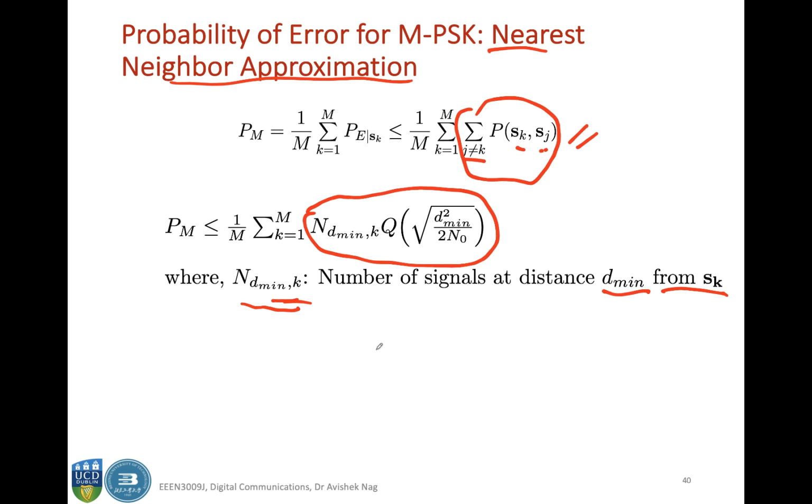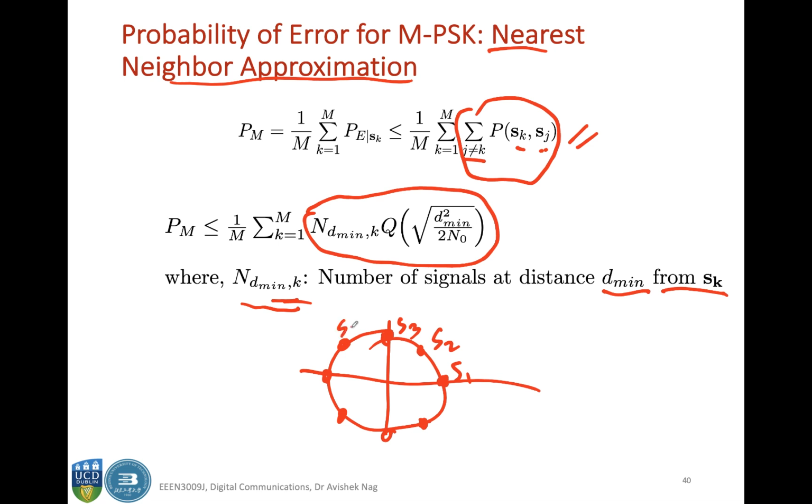So in case of union bound, what was happening is that, imagine the case of the 8-PSK, so you have 8 signals like this. You have all these 8 signals, and using the union bound, you are calculating all these pairwise distances.